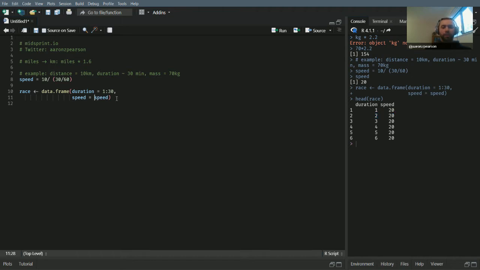To add some noise to this, we're going to add some random but normally distributed values, and then we're going to sort that to assume that the individual is starting at a slower pace and increasing in pace as the race goes on. So we'll use sort, and then we're going to use abs just in case there are negative values that would come up for whatever reason.